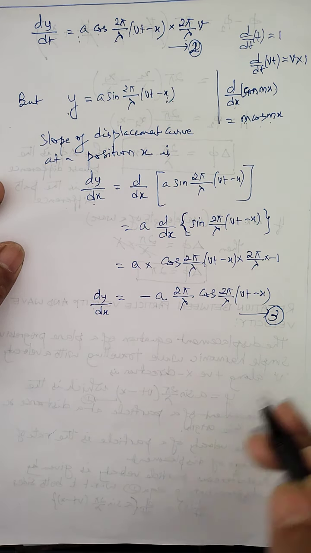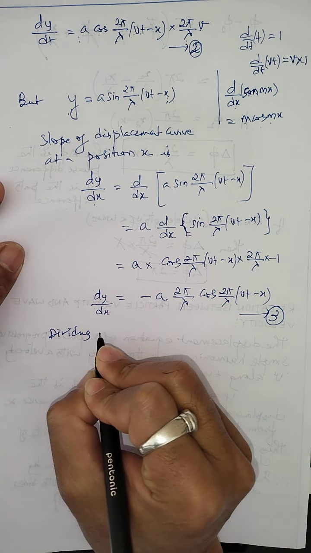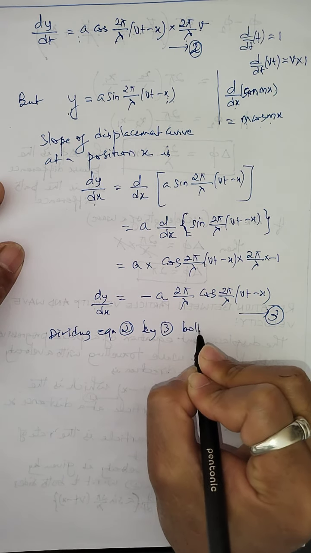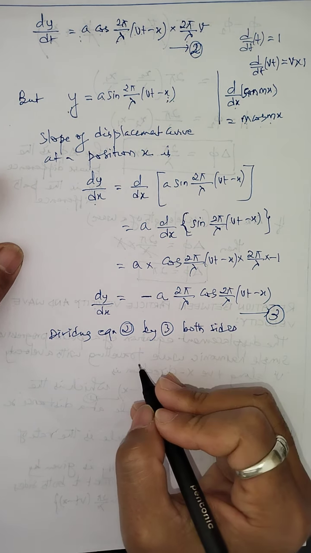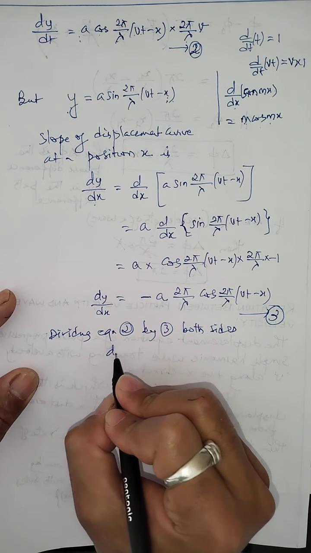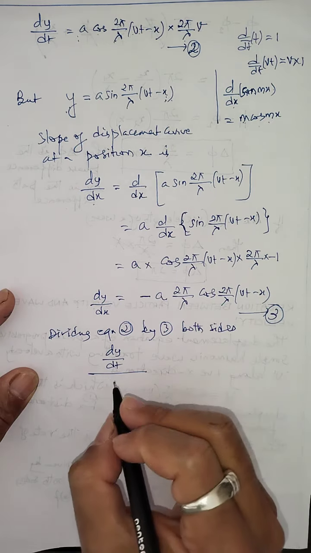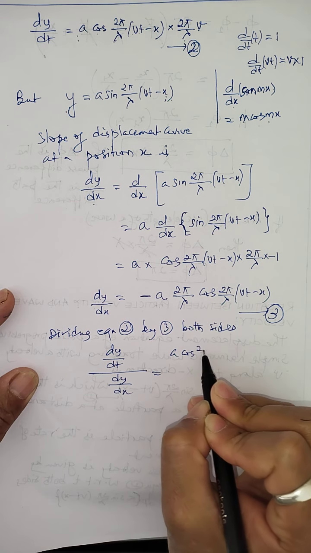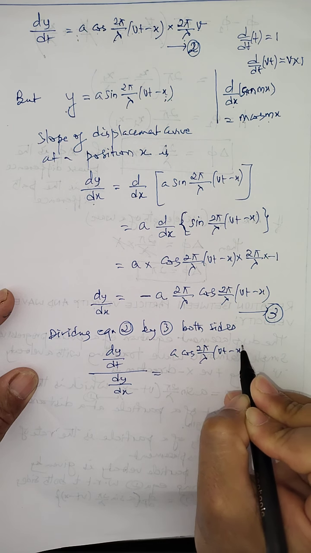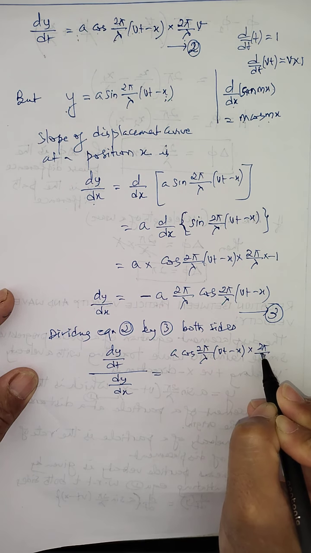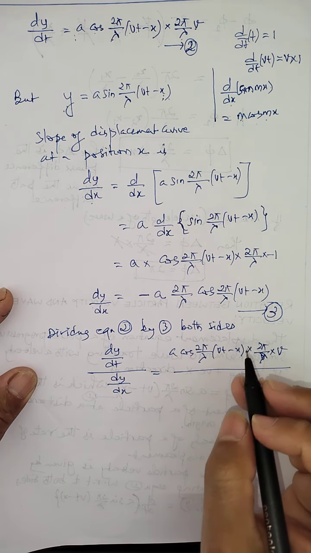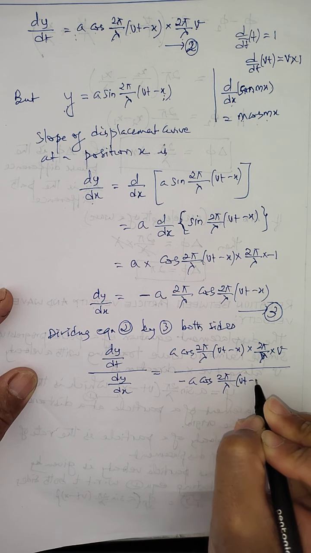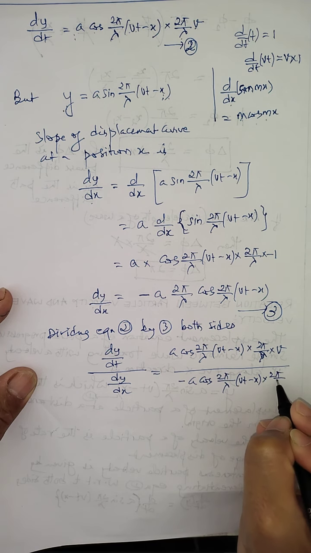Now I divide equation 2 by 3 on both sides. Equation 2's left hand side is dy by dt, divided by equation 3's left hand side, dy by dx, equals equation 2's right hand side, a cos 2 pi by lambda (bt minus x) into 2 pi by lambda into b, divided by equation 3's right hand side, minus a cos 2 pi by lambda (bt minus x) into 2 pi by lambda.